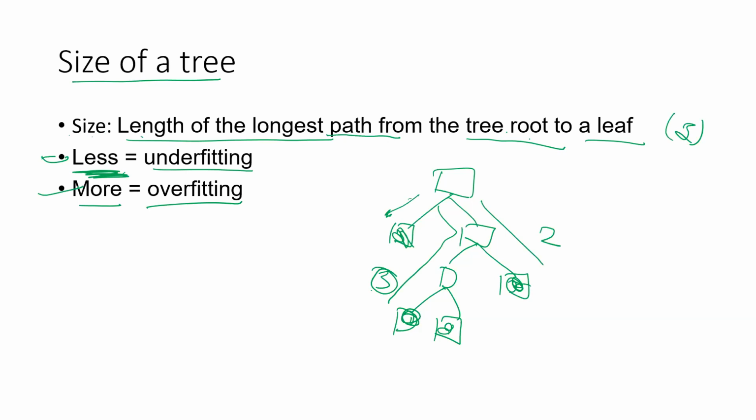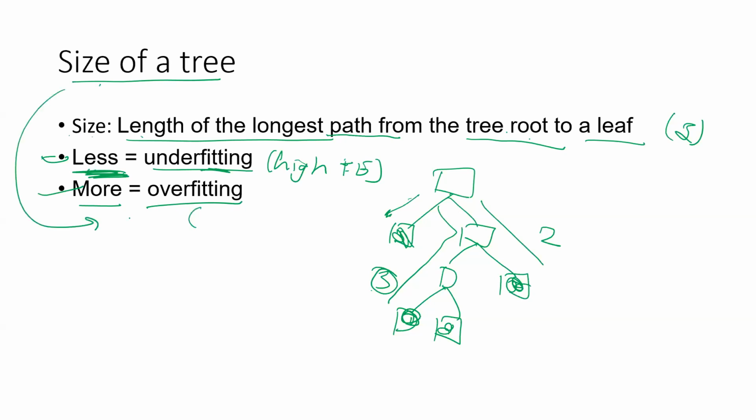Size is less means you're not growing the tree further, so you have fewer splits. So you don't have a better split, you have higher error, you can say. So in that case you have higher training error. So if the size is less, it causes underfitting. If size is more, then it causes overfitting.